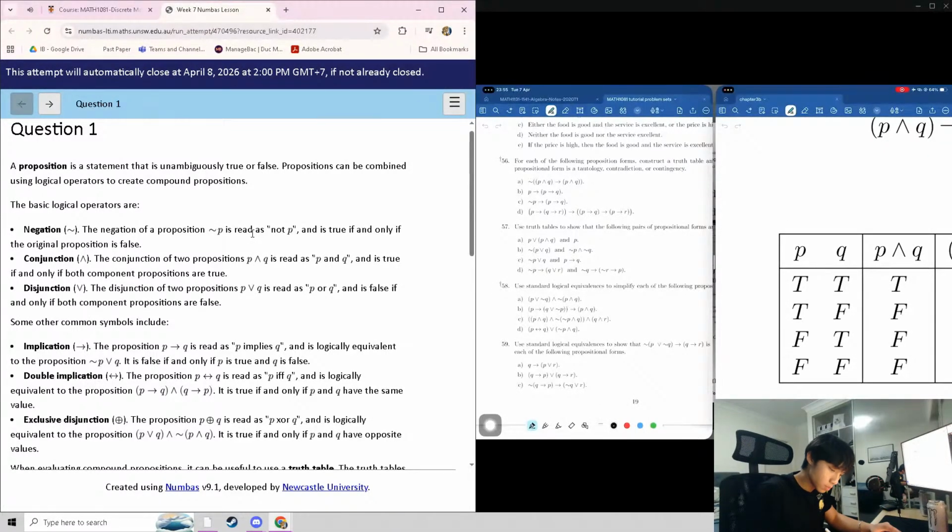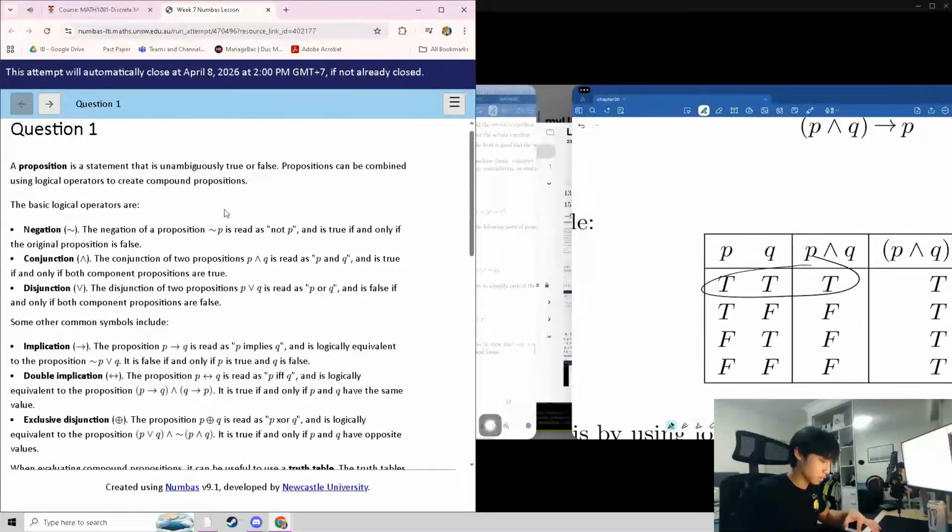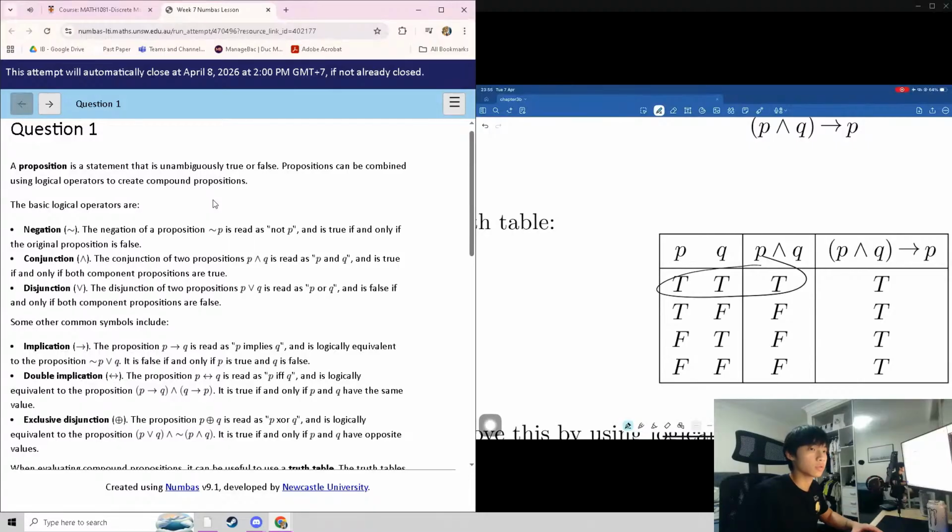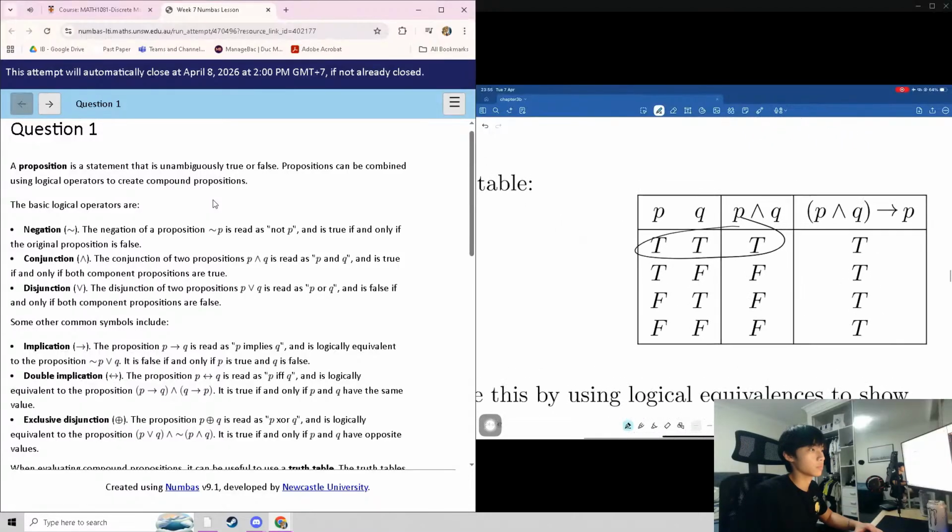True, true, true. Right? If it's true or false, false. False or true, false. False or false, false. Okay? Just cover this side.